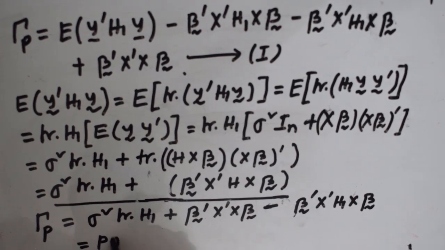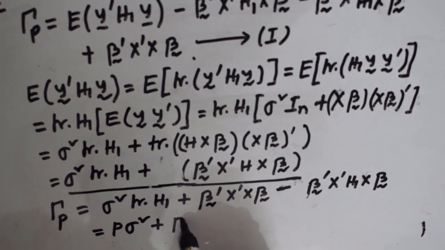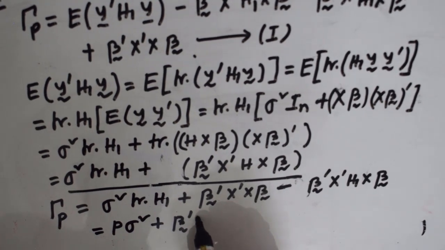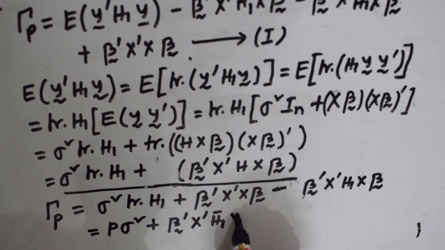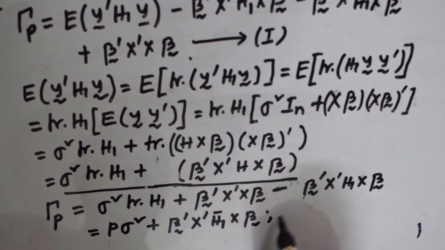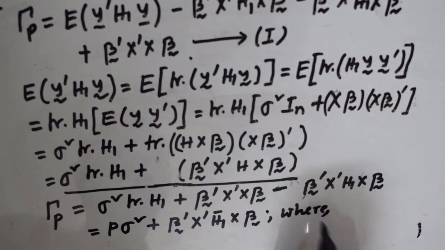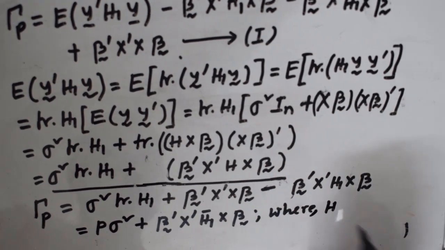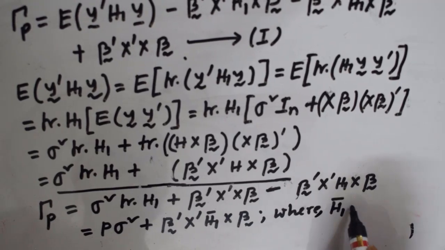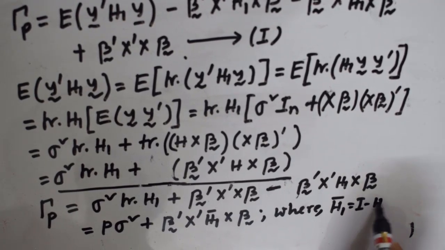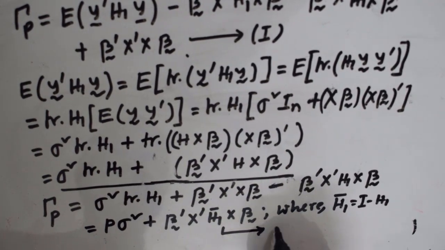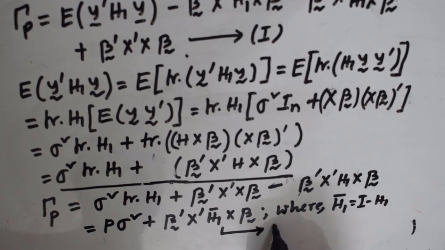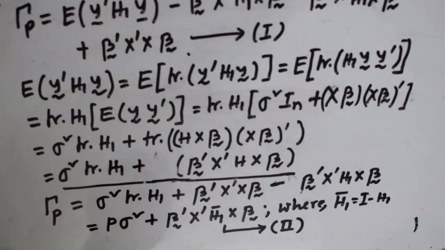So this is p sigma square plus beta curl prime x prime h1 bar x beta curl, where h1 bar equals I minus h1. We denote this as equation number 2.